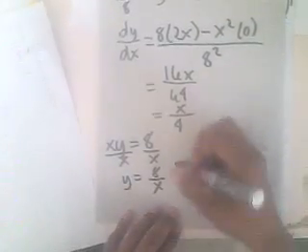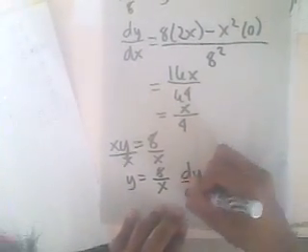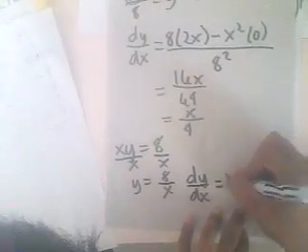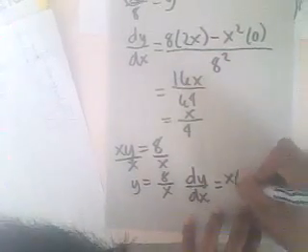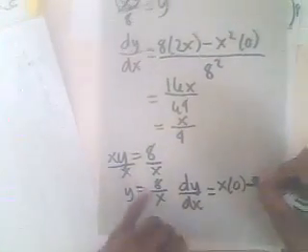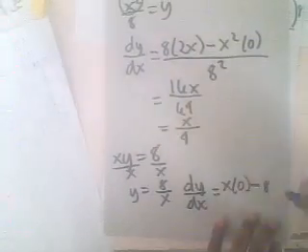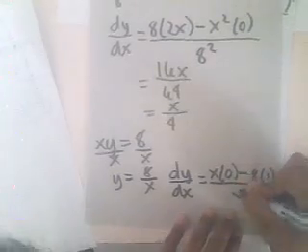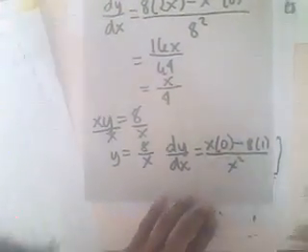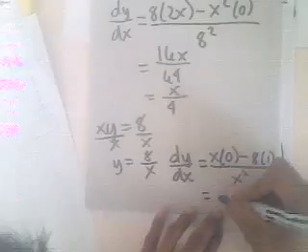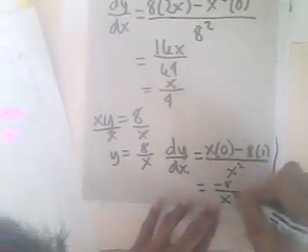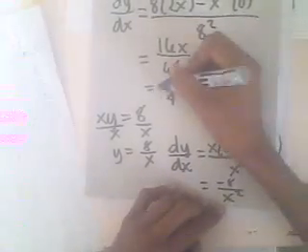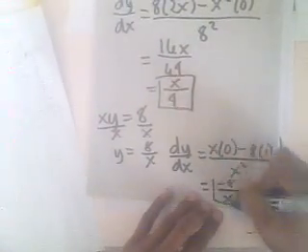To find the derivative dy over dx, we use low d-high, where the derivative of our high, 8, is 0, minus high d-low, where the derivative of our low, x, is 1, over the square of the denominator. So we get negative 8 over x squared. This is now the derivative of our first equation and second equation.